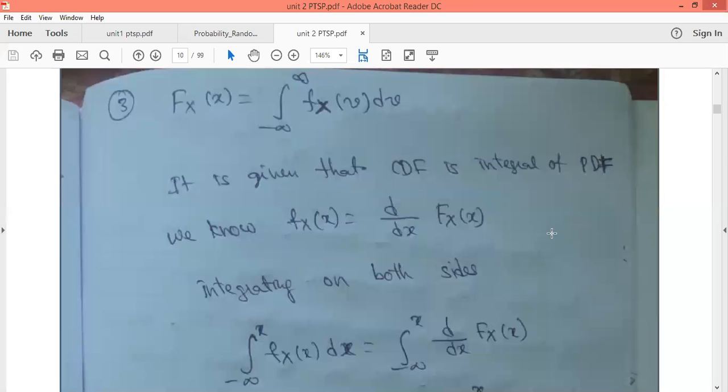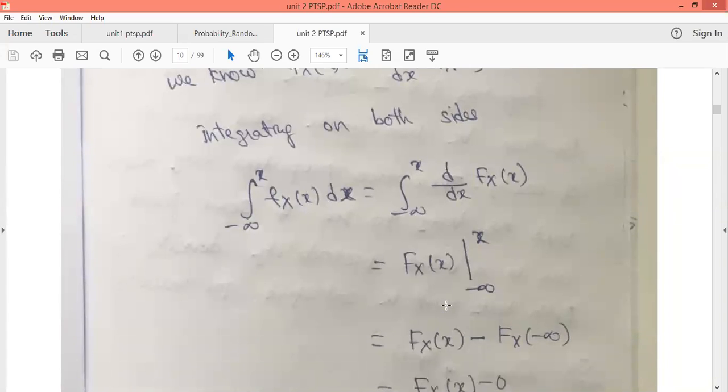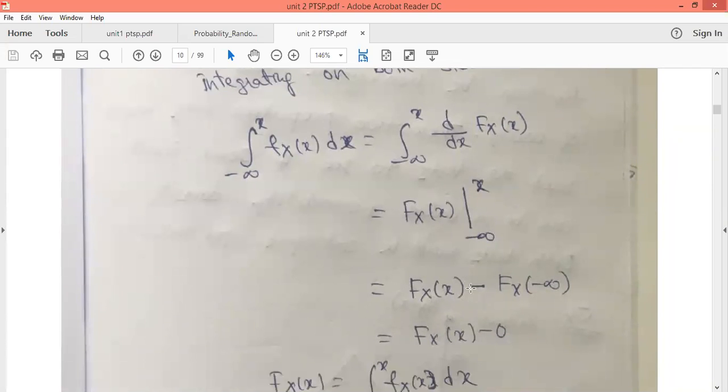So we integrate both sides of this equation. If we integrate both sides, we get the integral from minus infinity to x of fX(x) dx is equal to the integral from minus infinity to x of d by dx of FX(x) dx. Okay, now if you substitute the limits, we get FX(x) minus FX(minus infinity).